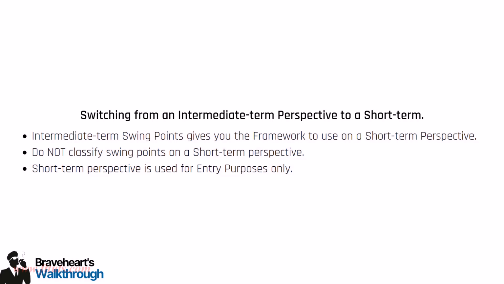The intermediate-term swing points give you the framework to use on a short-term perspective. So don't classify swing points on a short-term perspective. The objective of the short-term perspective is just for entry purposes. Okay, so you're not identifying long-term highs and long-term lows on a short-term, right? The only thing you're doing on the short-term is, where's my stop loss? Where's my entry? And do I have enough time to get there?